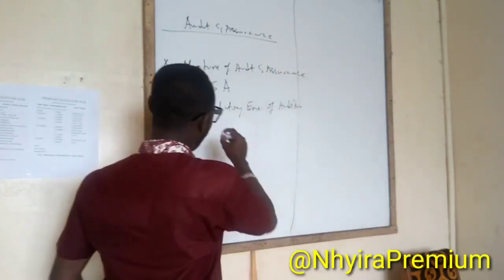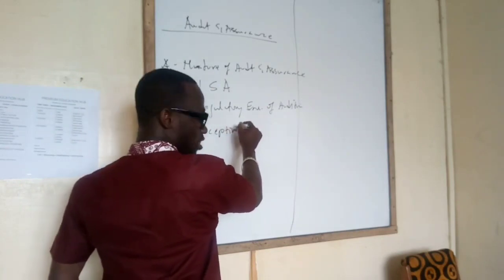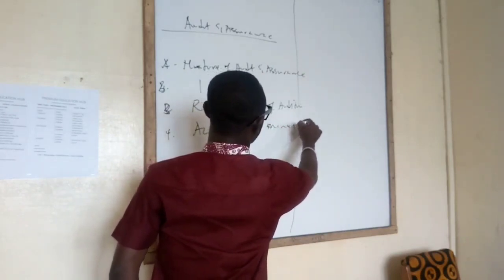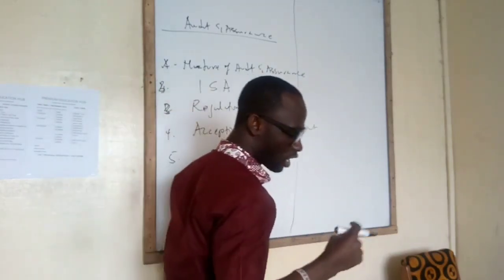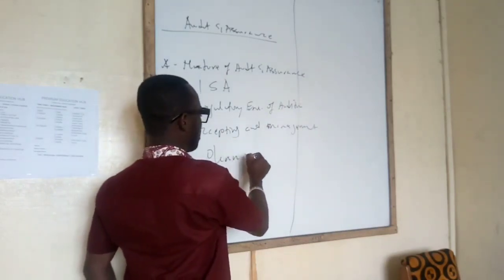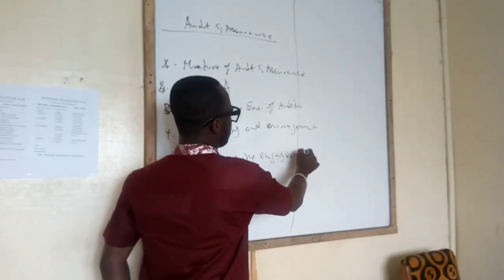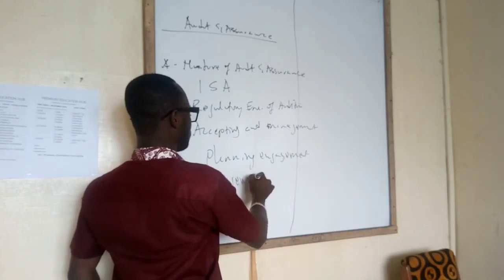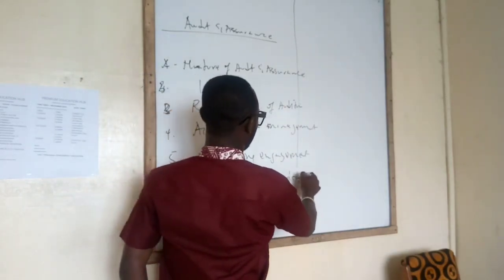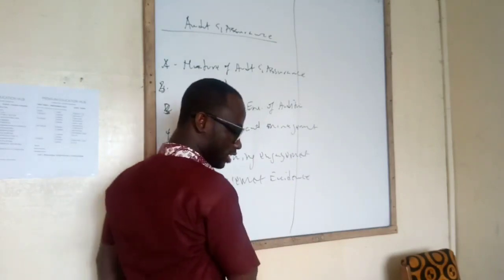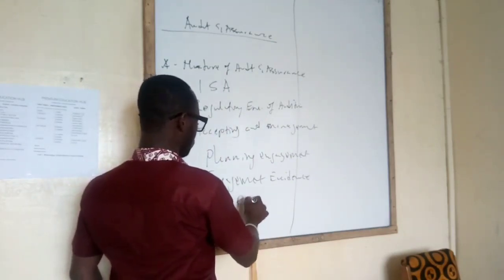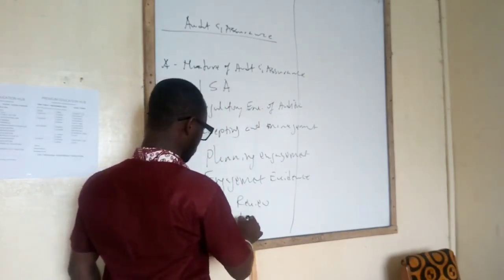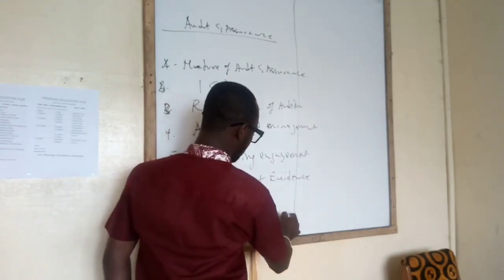Four, we will consider accepting and managing engagement. 5, we will look at the issue about planning and engagement. 6, we'll look at engagement evidence. 7, we will consider audit review. 8, concluding and reporting.